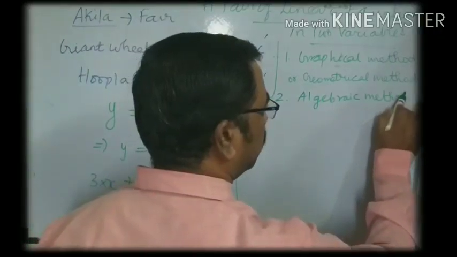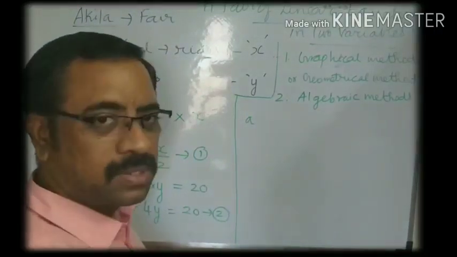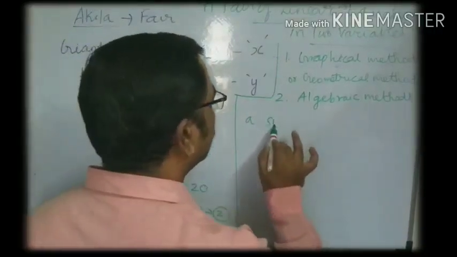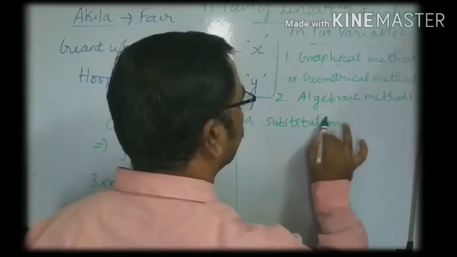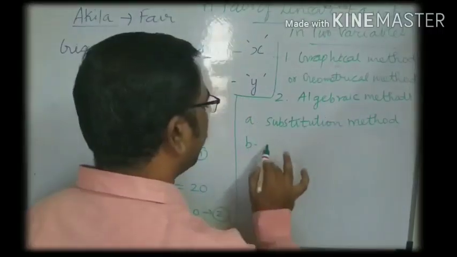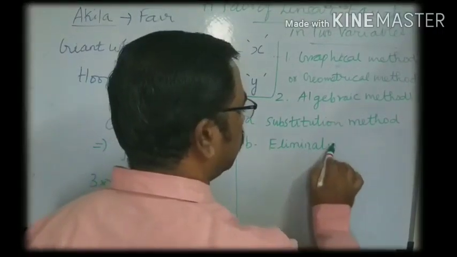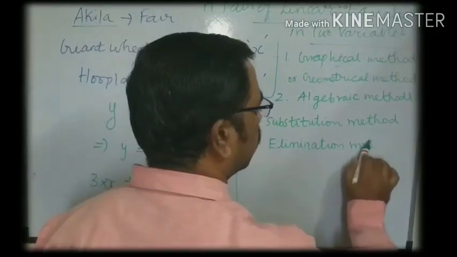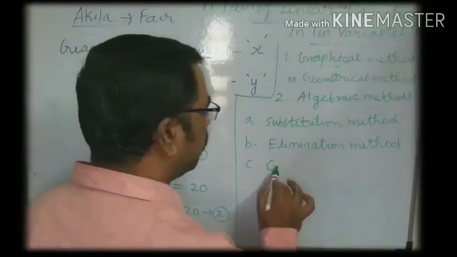Under algebraic methods, we have three other methods. The first method we can name as the substitution method, followed by the elimination method, and following it we have the cross multiplication method.